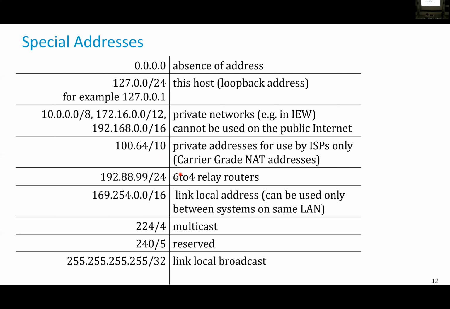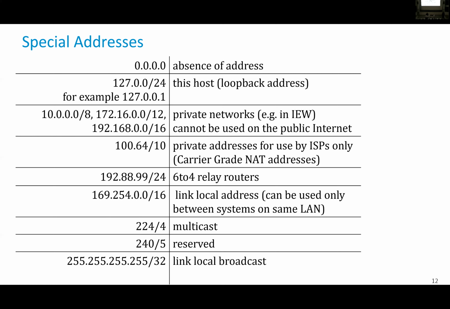Then there are special addresses that we'll talk about later that are used for interconnecting between IPv6 and IPv4. And then there are addresses here that are called link local. What does link local mean? I just mentioned it a few minutes ago. It means same subnet or same local area network.